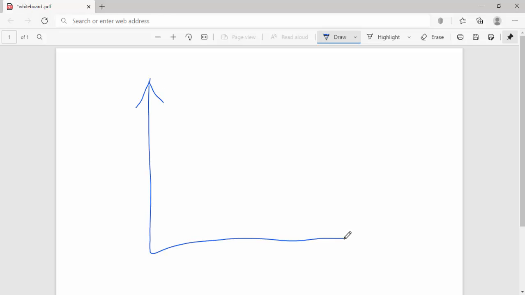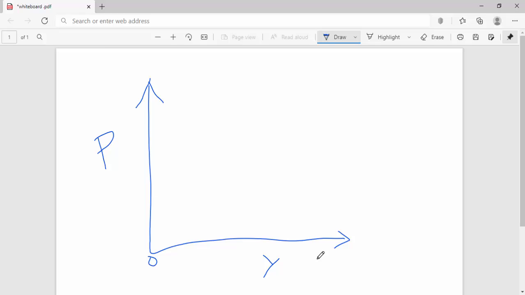When you have this image, let me show you. You have prices, P, and then you've got Y, which denotes GDP or output. The assumption is that the economy is at full employment.